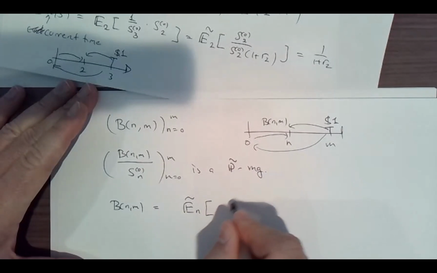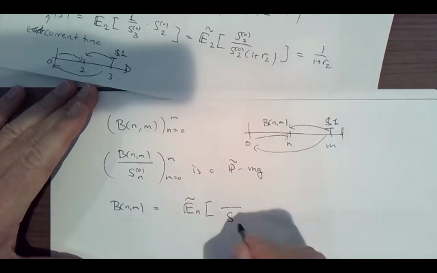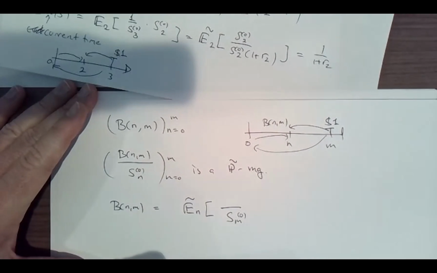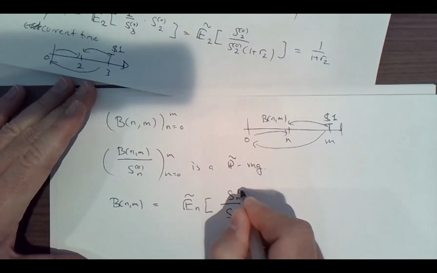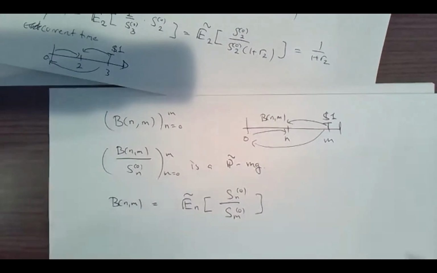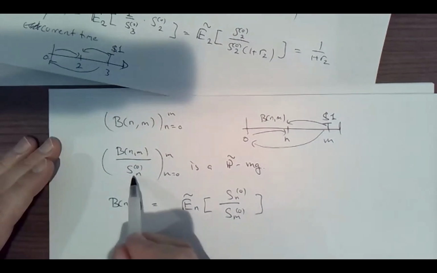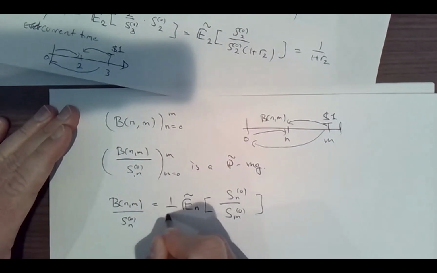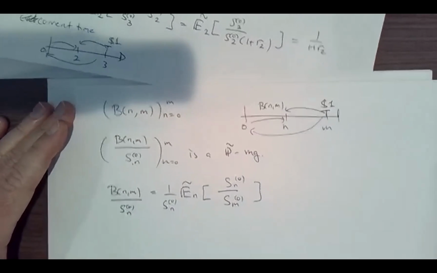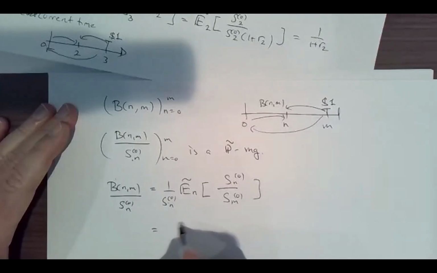So this will be roll all the way back to time 0. So that will be dividing here by S0M, and then you roll it forward. So now you're dividing here by S0N. This is what you have here. And then you'll pull this inside.